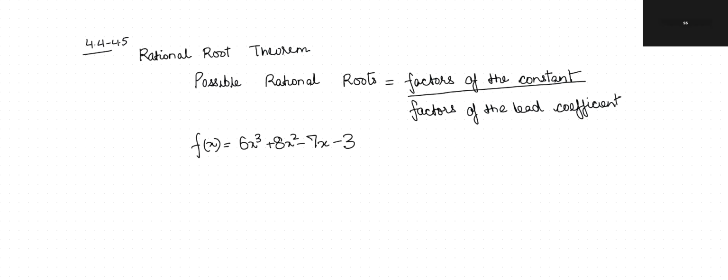Okay. So suppose this is the polynomial, and we want to find the possible rational roots. So we find factors of the constant. The constant here is 3 and the leading coefficient is 6, and plus minus.